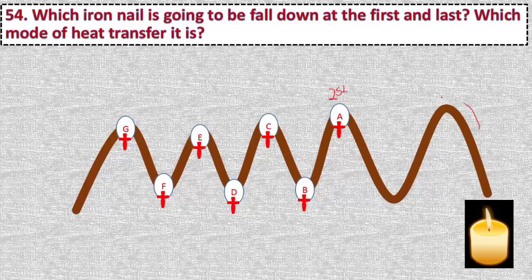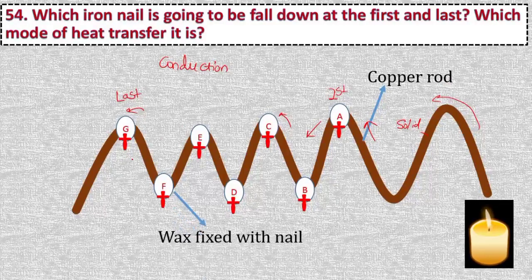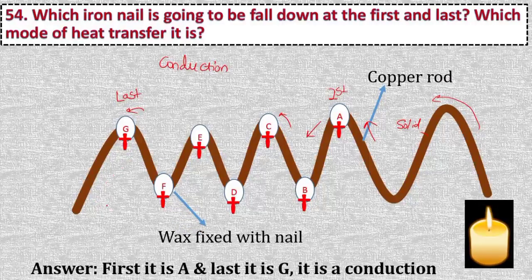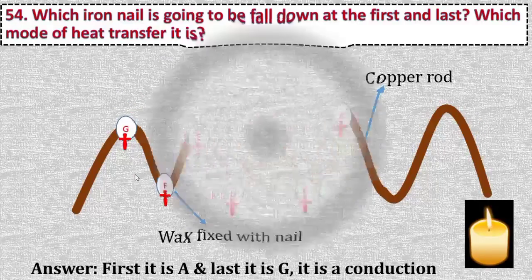So the first nail to fall off is iron nail A, and at last nail G will fall, because heat will be transferred from A, then B, then to C, D, E, F, G. Therefore, the correct answer is iron nail A will fall first and iron nail G will fall last, and the mode of heat transfer from one end to the other is conduction.